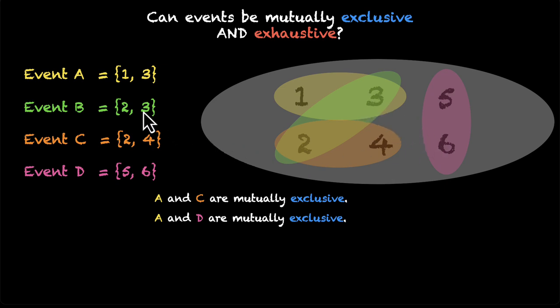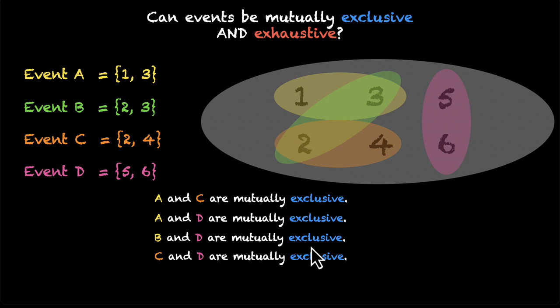What about B and C, green and orange? Well, they also overlap, so they're not mutually exclusive. What about B and D, green and pink? They don't overlap, so they're mutually exclusive. What about C and D, orange and pink? 2 and 4 and 5 and 6. No overlap, which means they're mutually exclusive. So I think this covers all the pairs of mutually exclusive events.